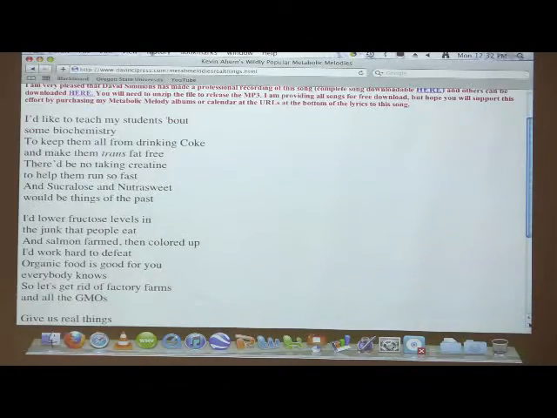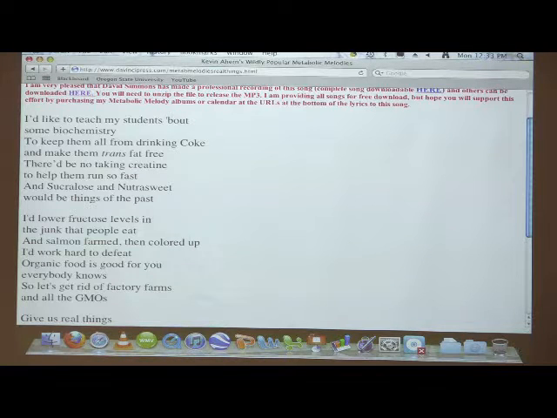Please sing with me. I'd like to teach my students about some biochemistry, to keep them all from drinking Coke and make them trans fat free. There'd be no taking creatine to help them run so fast. And sucralose and NutraSweet would be things of the past. I'd lower fructose levels in the junk that people eat.